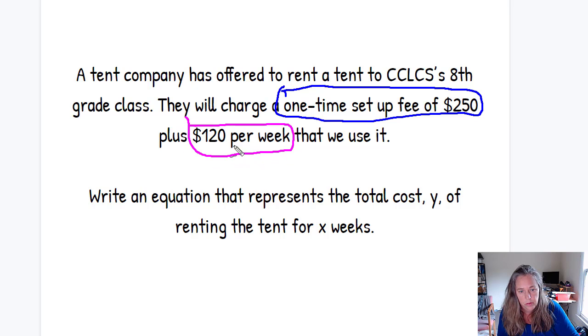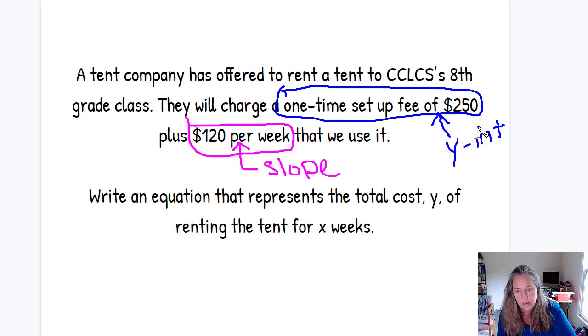When you see this word per, that's a hint that you have slope. And when you see one-time fee, that's an initial value. That's a y-intercept. The question says, write an equation that represents the total cost, y, of renting the tent for x weeks.